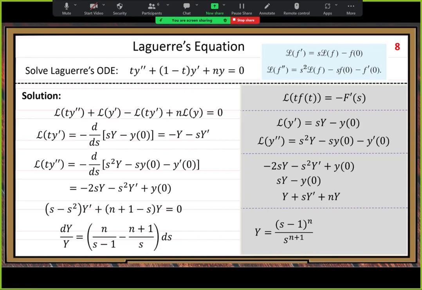Then we need to take the inverse Laplace transform. Look at the name of the equation, Laguerre's equation. The little l represents the inventor's initial: little l n equals the inverse Laplace transform of capital Y. Next, we need to calculate the Laplace transform of this expression.